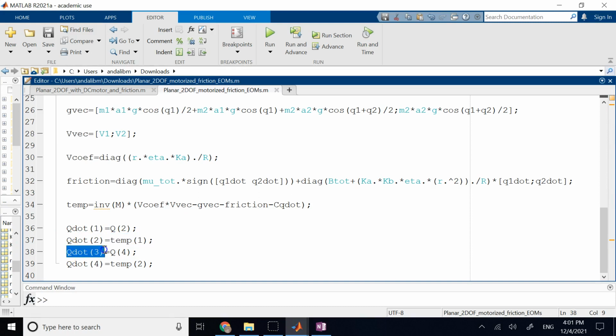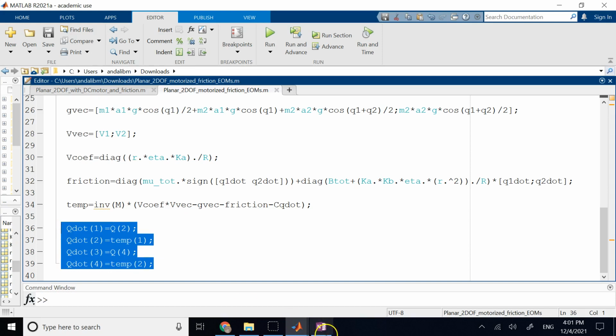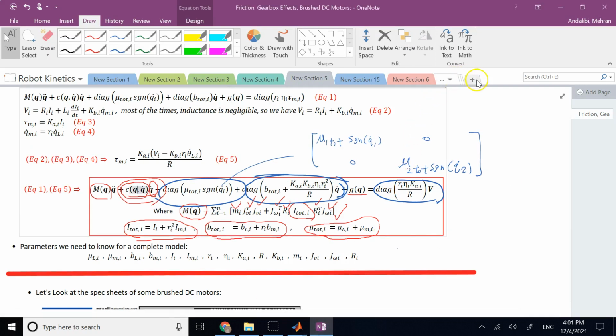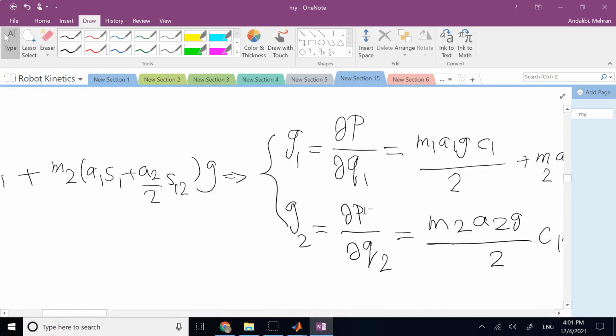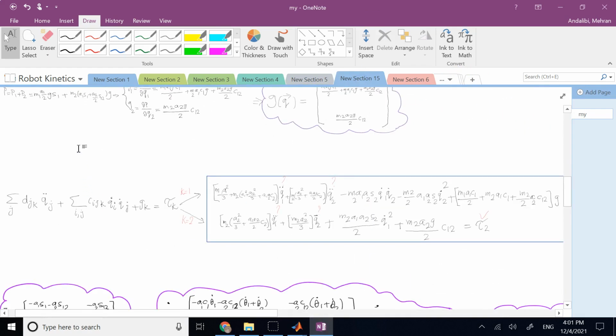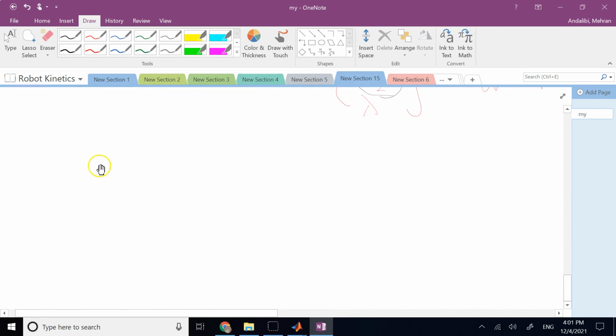Derivative of q2 is q2 dot, and the derivative of q2 dot is q2 double dot, right? So this is a well-known method called the state space method, or dummy variables, if you ever want to break your higher order ODEs into lower ones.